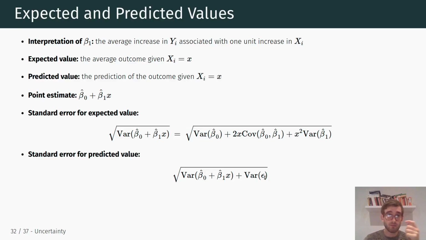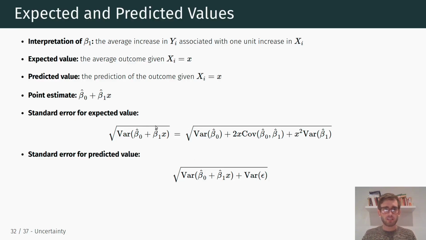So when we're talking about the standard error for the predicted value, we are taking into account the fact that we have an error term, where for each individual prediction we have a deviation, basically a random or fundamental uncertainty around our outcome that we have to take into account, right?